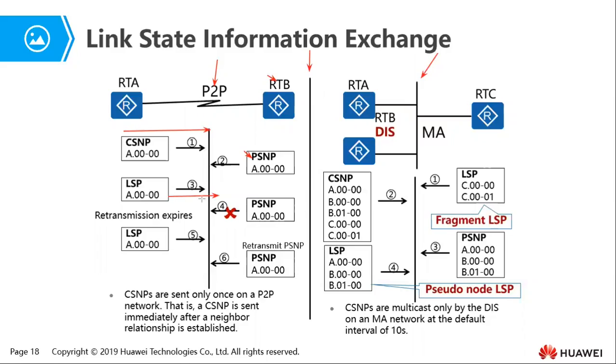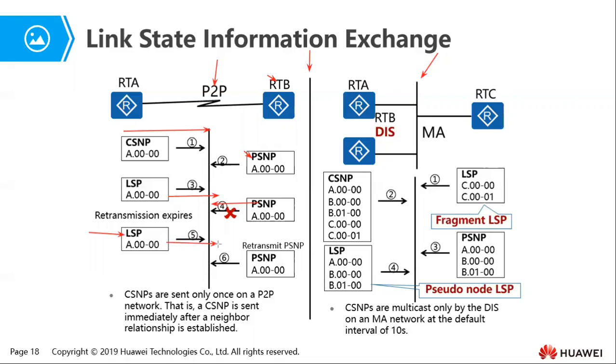Now, after giving that information, RTB is supposed to respond with an acknowledgement. The acknowledgement is supposed to be sent using PSNP. Now, in case this acknowledgement does not arrive to RTA within a certain amount of time, RTA is going to send details about that network again.